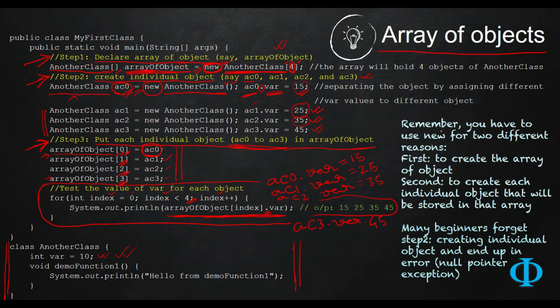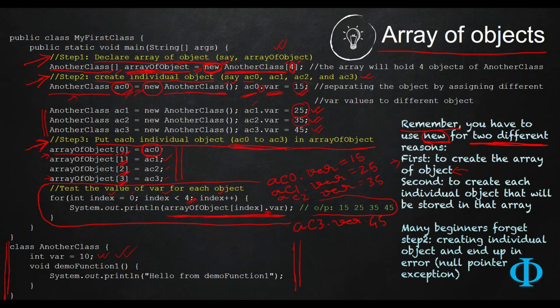Now here I must say you have to remember once again that you have to use this new operator, this new keyword, for two different reasons. This is a small tip that you must remember. So what are the two different reasons? The first is to create the array of objects, which you do over here with the new operator.